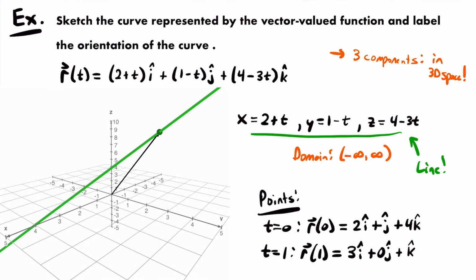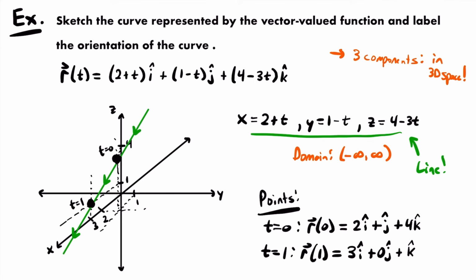Now, when your space curve is a line, it's fairly straightforward how to sketch it in 3D space, but not all of your space curves will just be lines. You will actually have curves that travel along a surface where there is actual curvature. In this case, this line is just traveling along a plane in 3D space. It's not one of our coordinate planes like the xy plane, yz, or xz plane like we would have for plane curves.